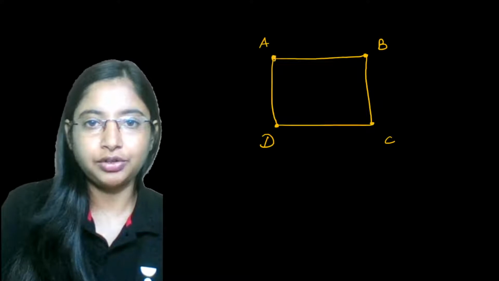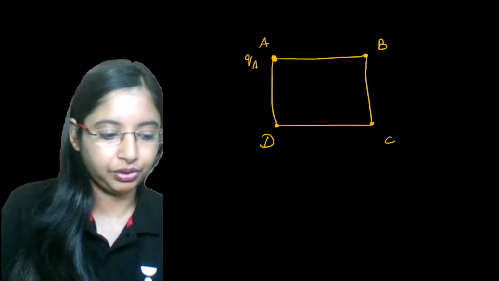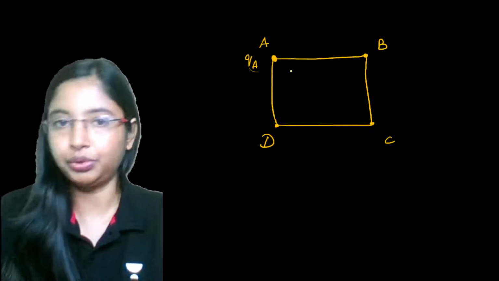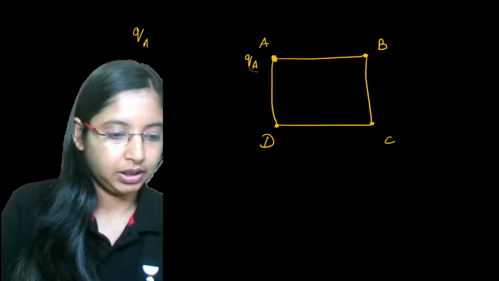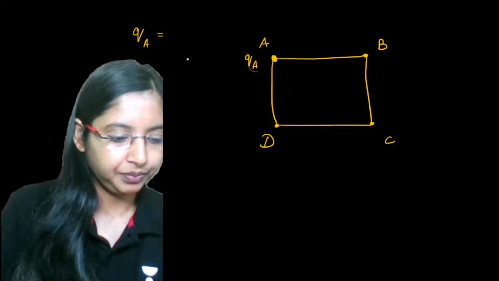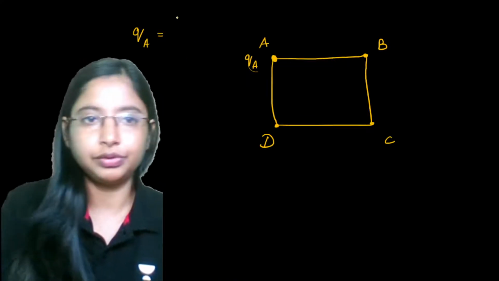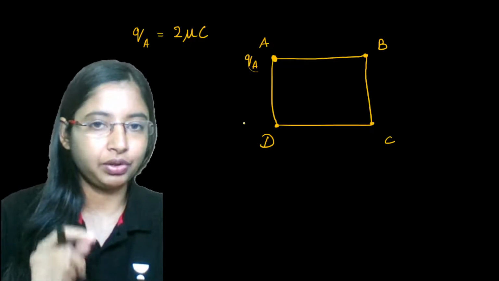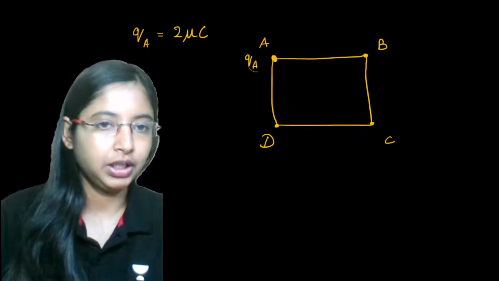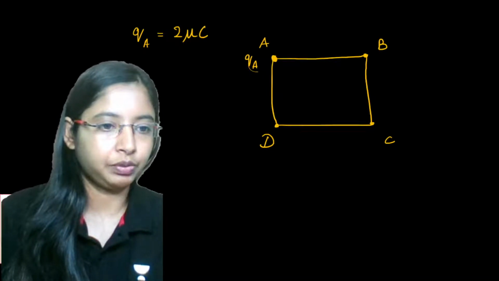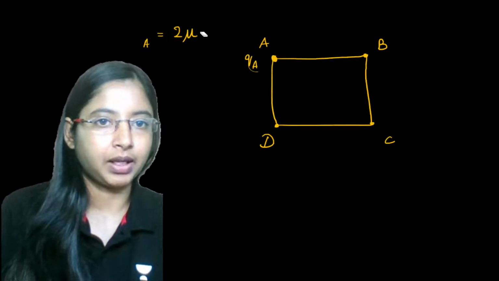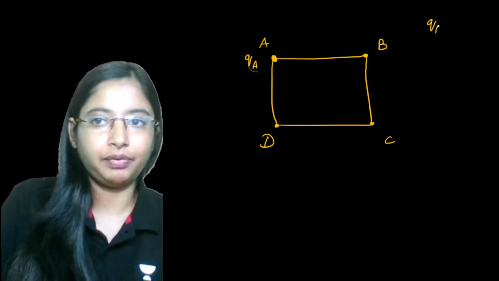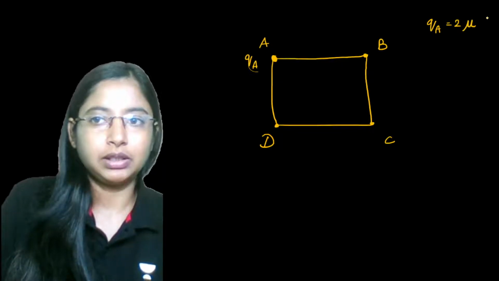Let's say the charge over here is given as QA, and the value of QA is equal to 2 microcoulombs. 1 coulomb of charge is too high, so we always use a smaller unit, microcoulombs.